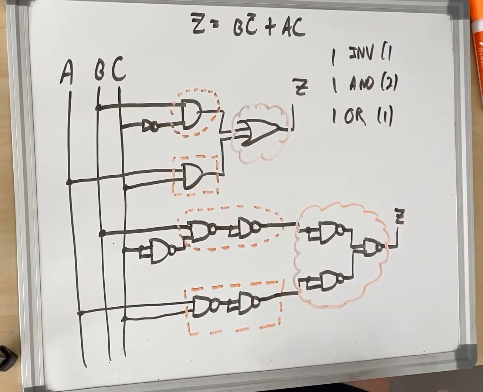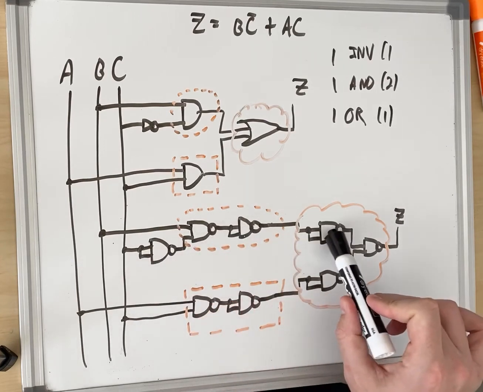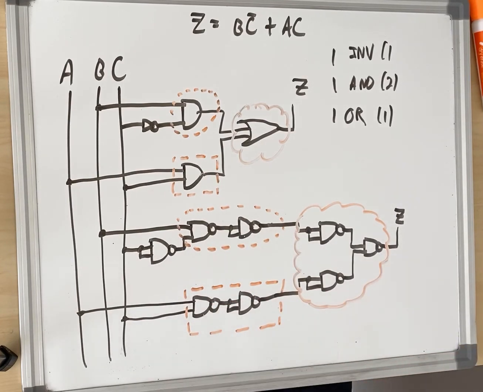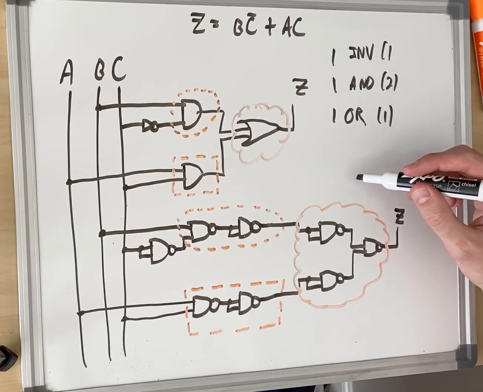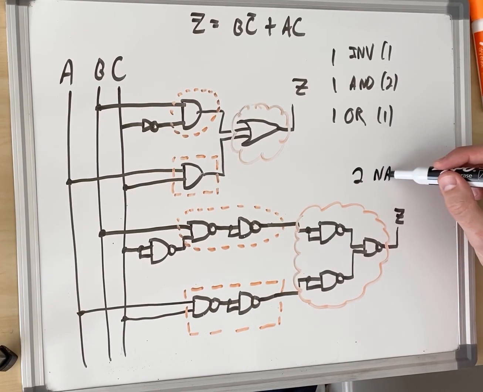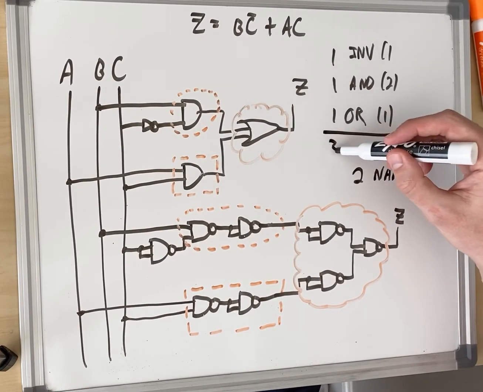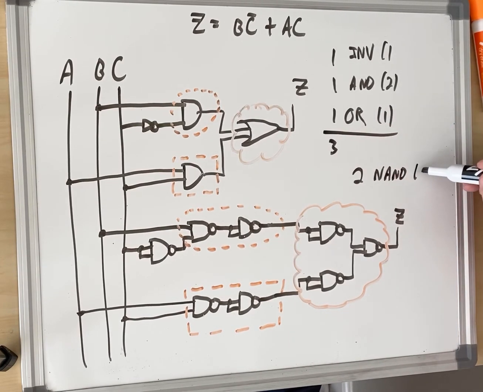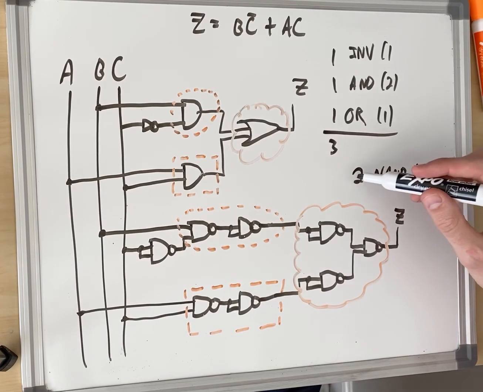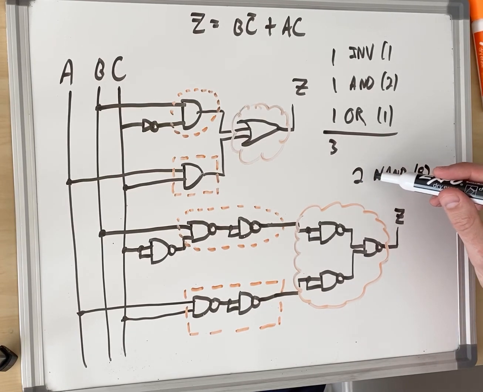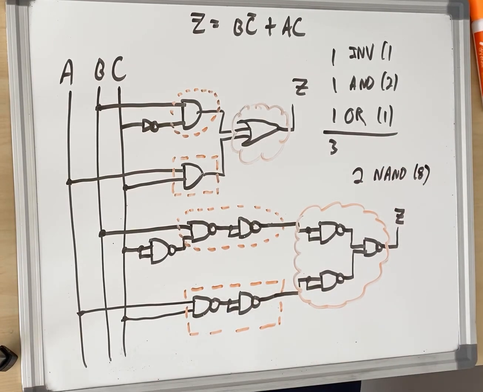Down here, I have 1, 2, 3, 4, 5, 6, 7, 8. So I have 8 gates, and there's 4 gates per chip, so I would need 2 NAND chips. So already, this was 3 total chips. This has 8 gates. This was only 2. So this one right away is already a cheaper circuit because I only need 2 NAND chips, integrated circuit chips. They have 4 gates on each.